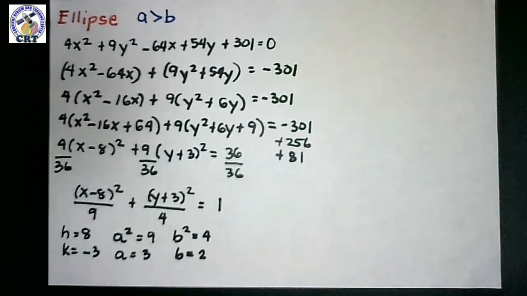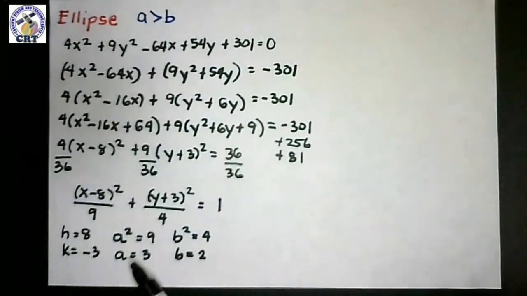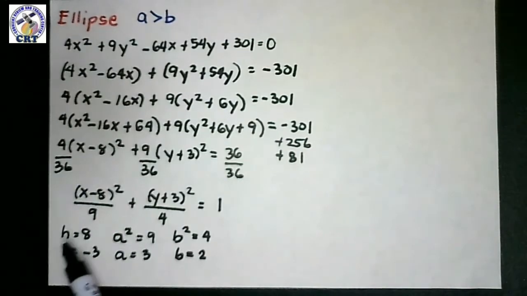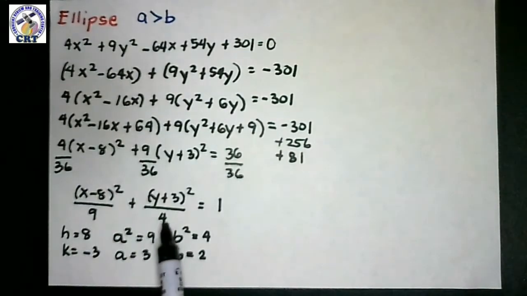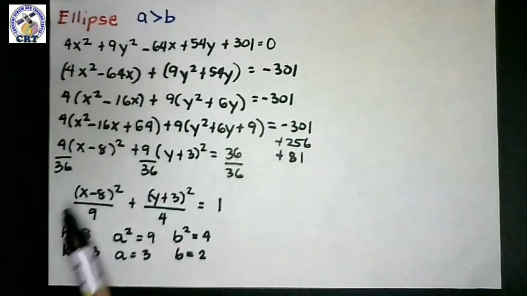Sagutan na natin yung mga questions under number 15. Okay. So, letter A. Drawing muna natin yung ellipse. Ang ellipse natin, patayo ba yan o pahiga? So, hanapin natin yung mas malaking denominator. Kung nasaan yung mas malaking denominator, yun yung major axis. So, which is nasa x.